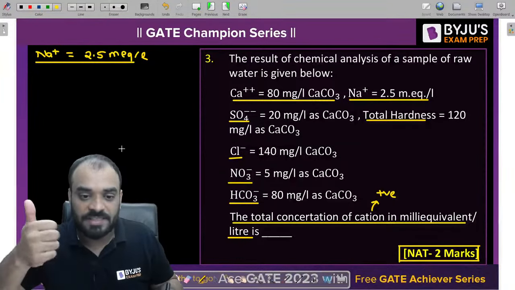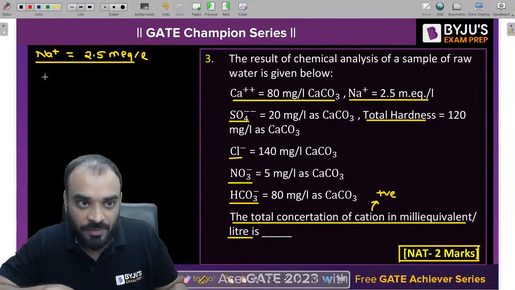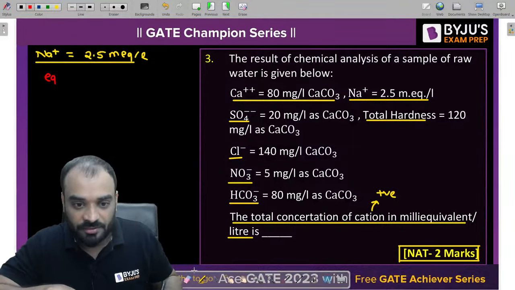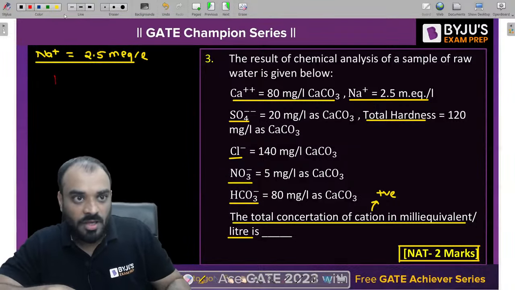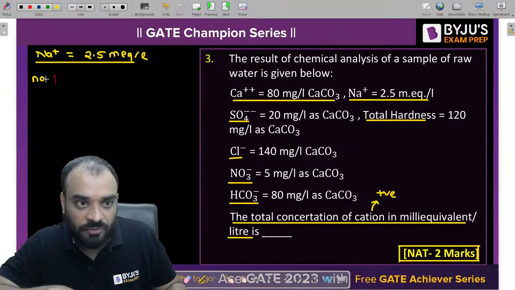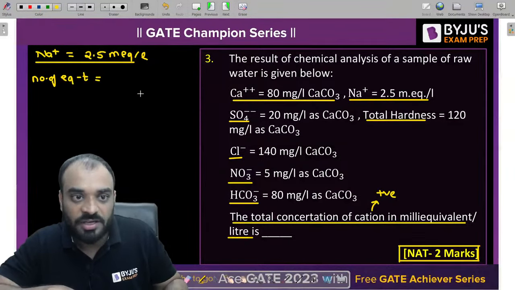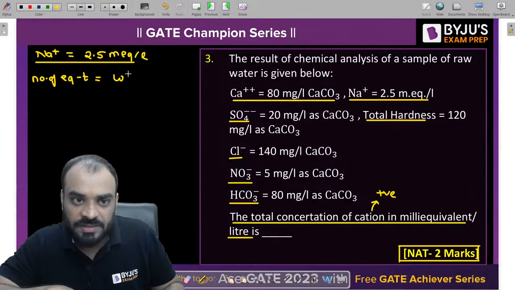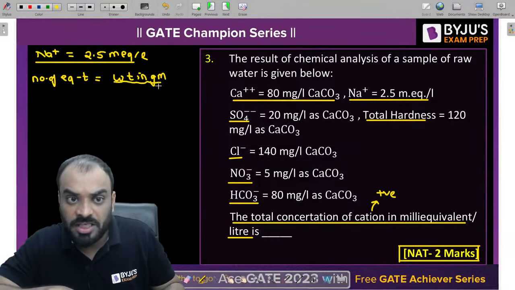Now what is milli equivalent per liter? Let me explain. I think all of you know how we can write the number of equivalents. Number of equivalents is equal to weight in gram divided by equivalent weight, which is also in gram.